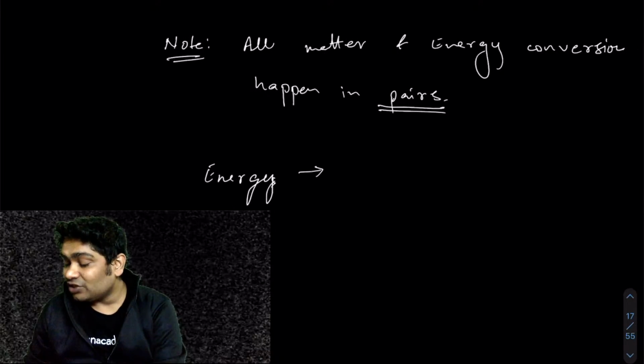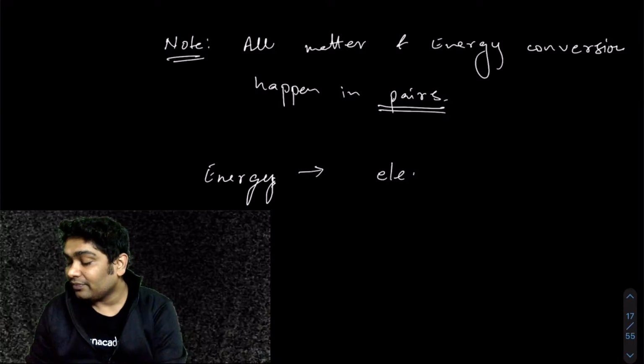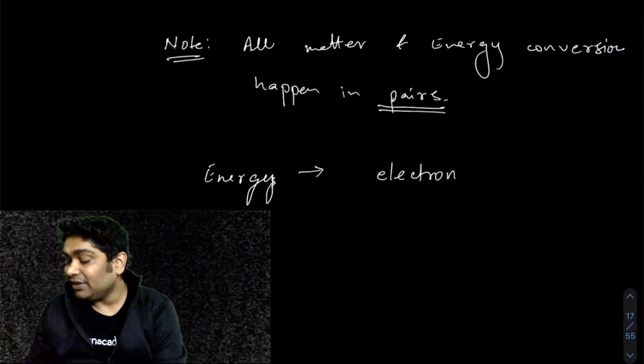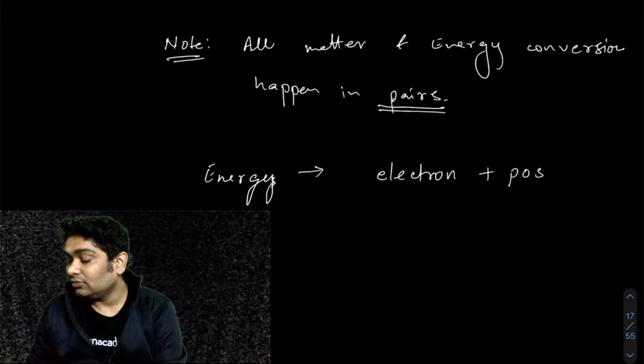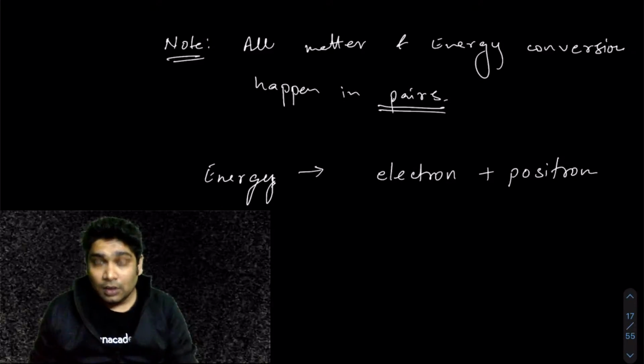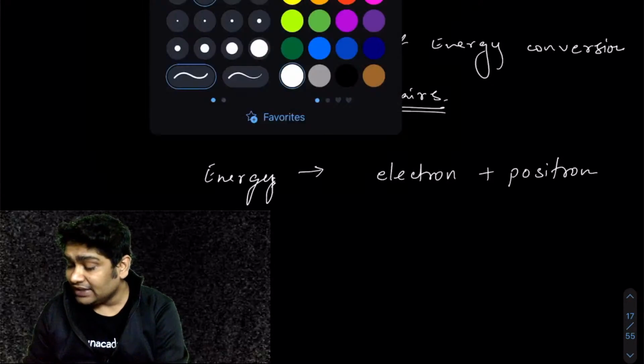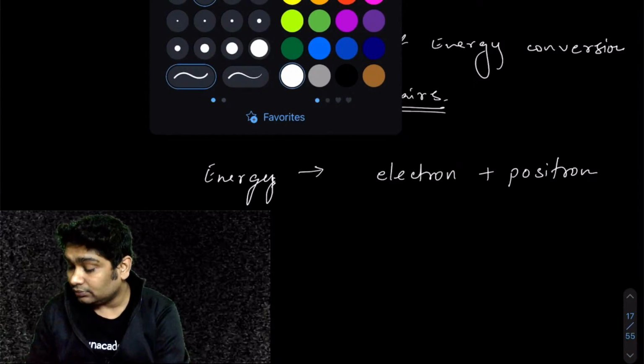So when energy converts to matter, it produces two particles, which are an electron and something called a positron. Okay. So please remember that, that is very, very important. Now this is called pair production.